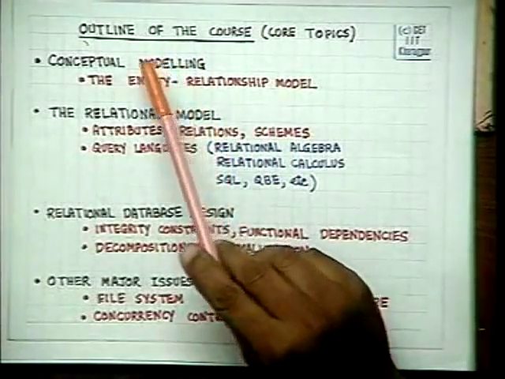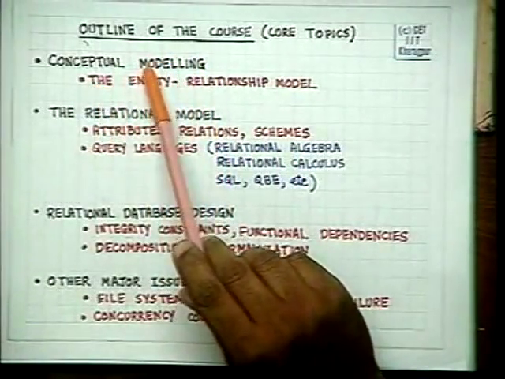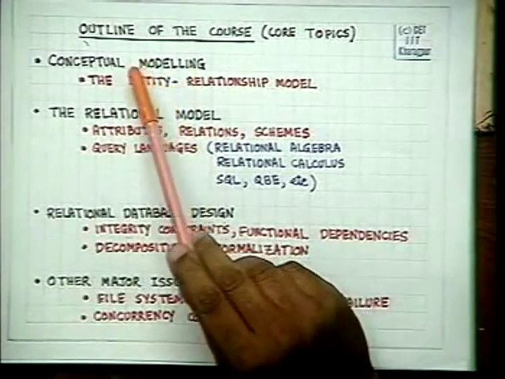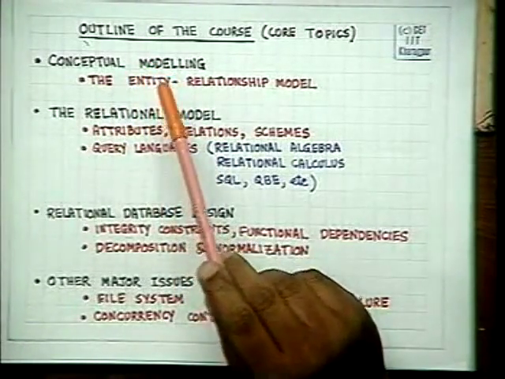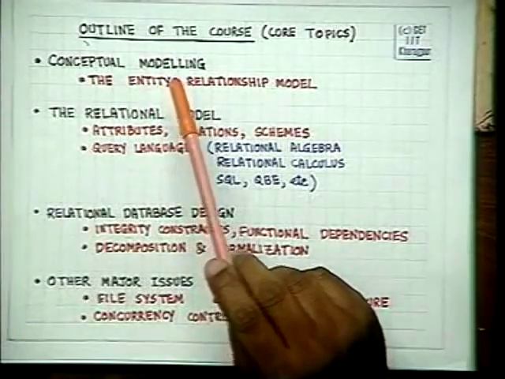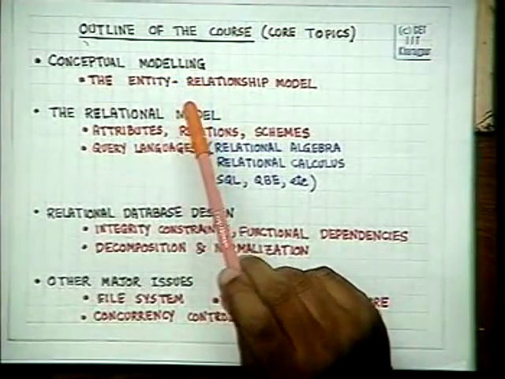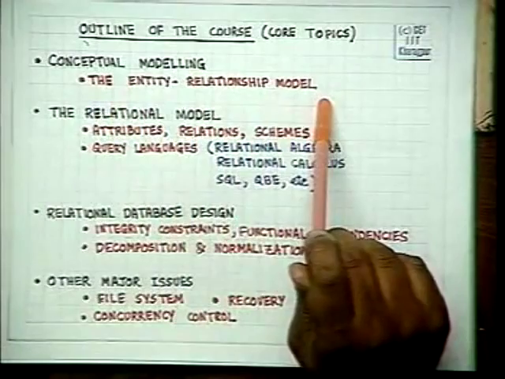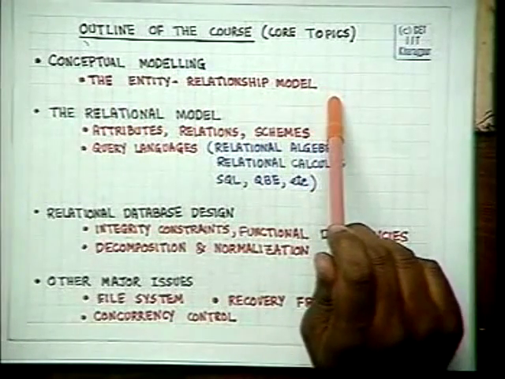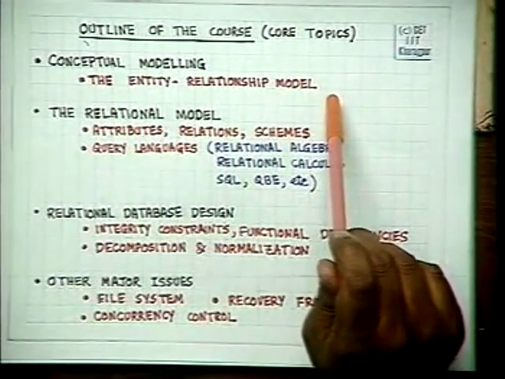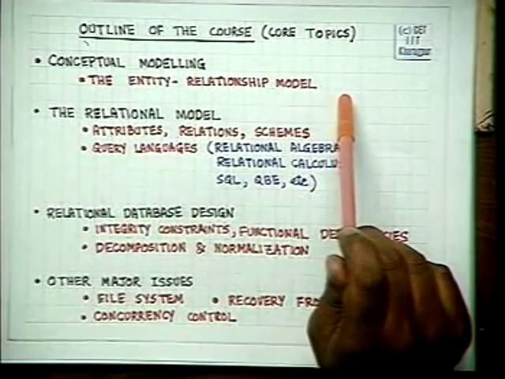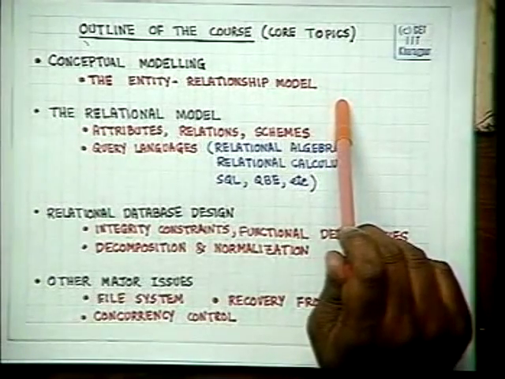The core topics we will discuss first is conceptual modeling. In conceptual modeling is how do you conceive the structure of a particular database. We will go deep into the entity relationship model and see how the entity relationship model is defined, how problems are solved using the entity relationship model.